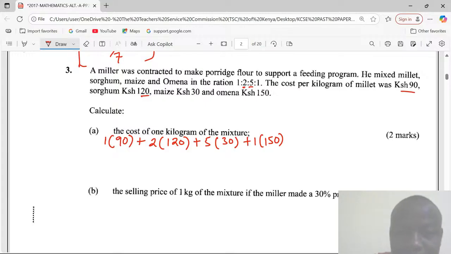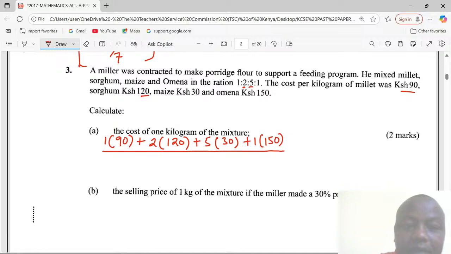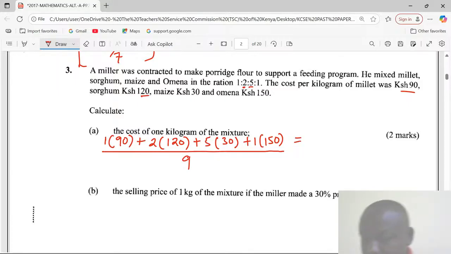But now for us to get the cost per kilogram, we are supposed to divide this by the total kilograms mixed. How many kilograms are mixed? 1, 2, 5, 1. This is 1 plus 2, which is 3, plus 5, 8, plus 1, 9. So we are having 9 kilograms making up the mixture. So now we can work out.